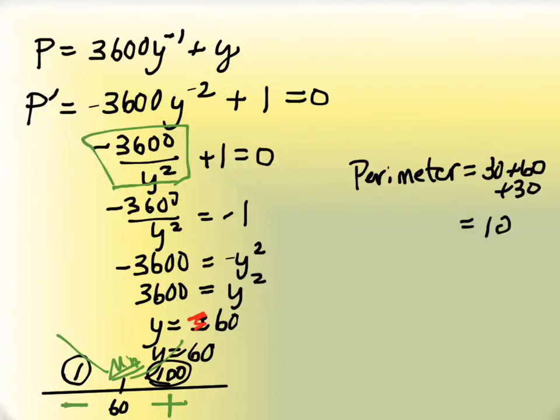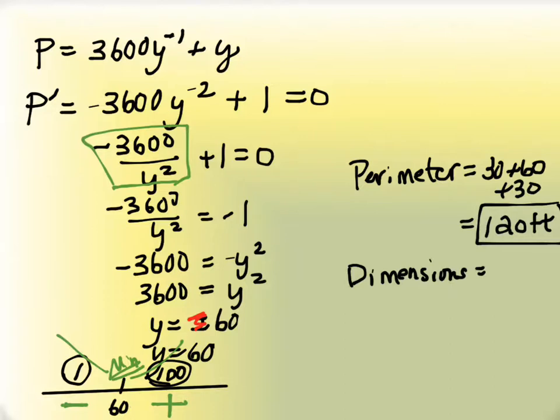Your perimeter is 120. 120 what? Feet. And then your dimensions. What are the dimensions? 30 by 60. So we say 30 feet by 60 feet. Or you could say 60 feet by 30 feet. It wouldn't make any difference.